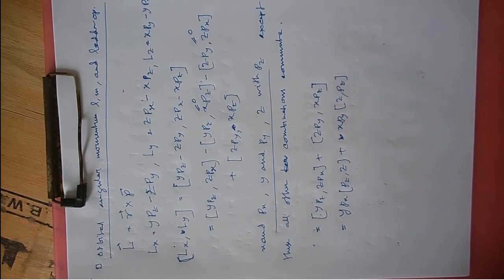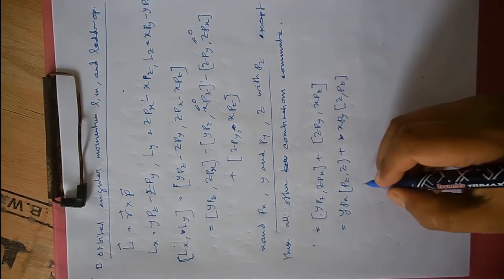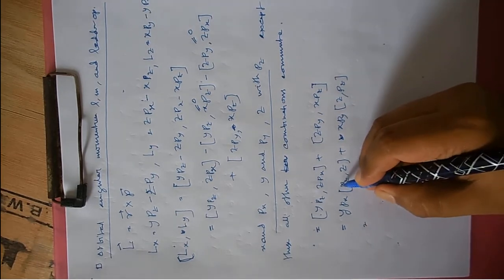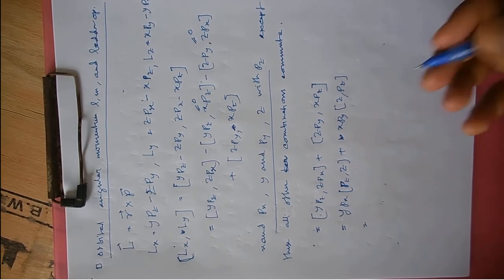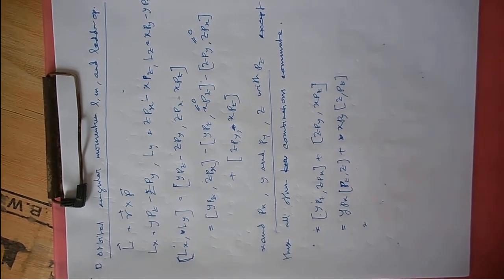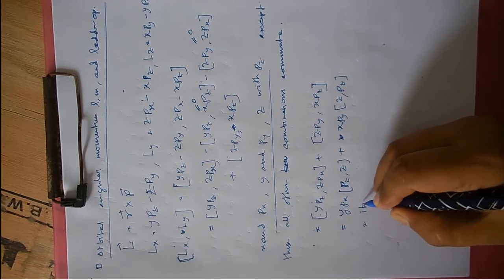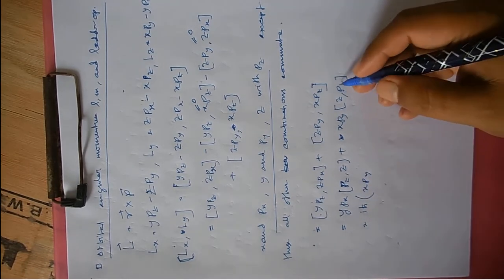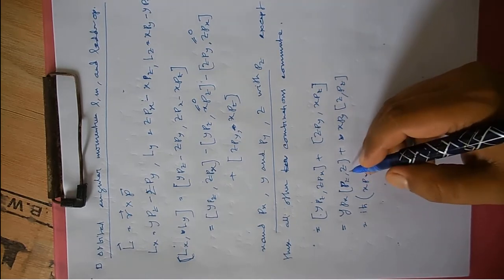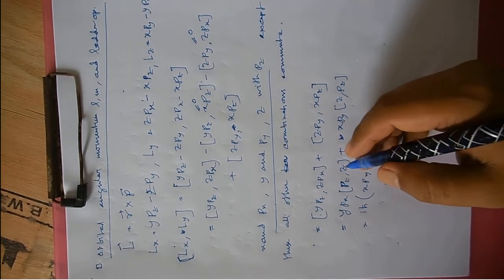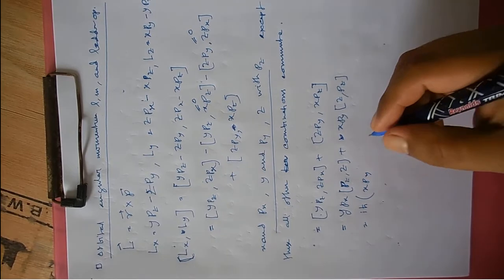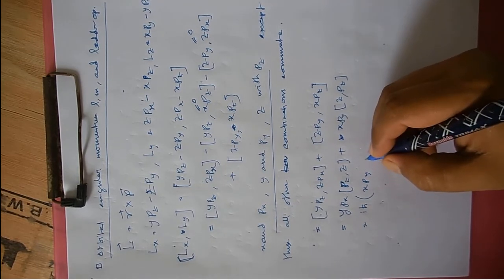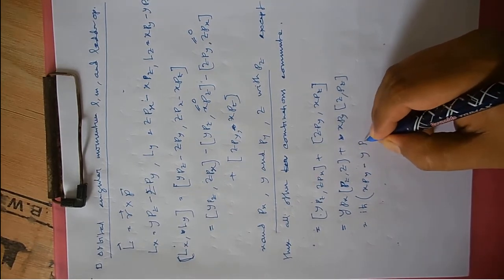Putting in the commutation values, x py comes first, because this will give a positive value and this a negative value. If it were z pz it would give a positive value, but it is the reverse.